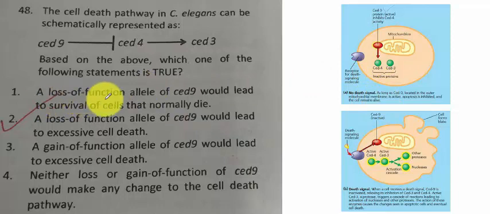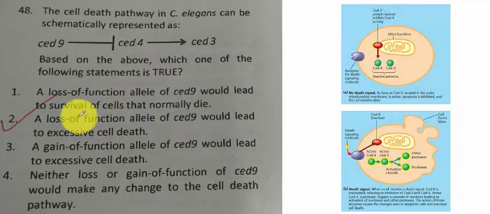But in the loss of function of CED9, it will lead to the activation of the cell death signal proteins CED4 and CED3, which leads to cell death. So this is a wrong statement.